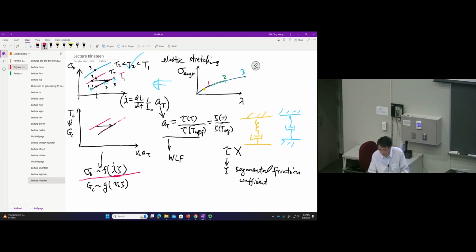And this is indeed purely viscous in origin, completely viscous in origin. I want to say that gamma dot times tau is not necessarily a viscous quantity, but this is.